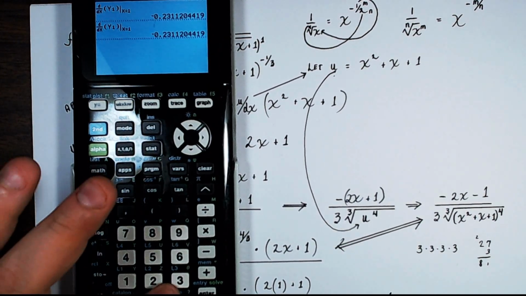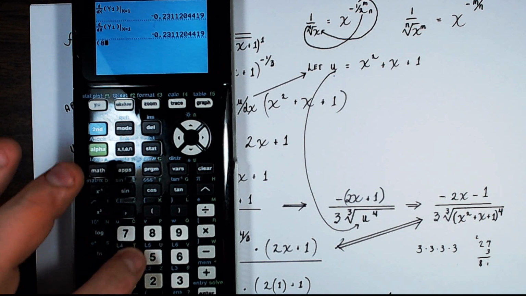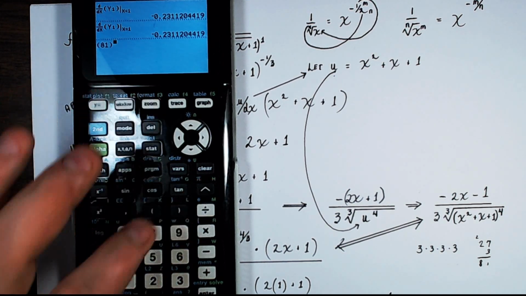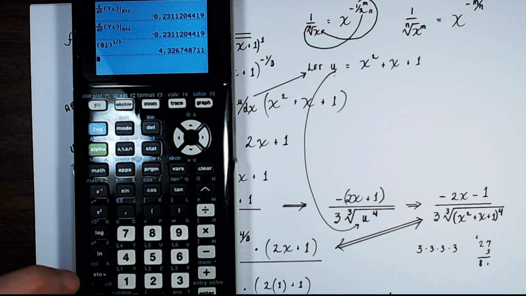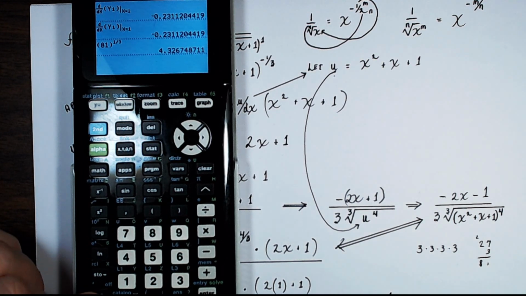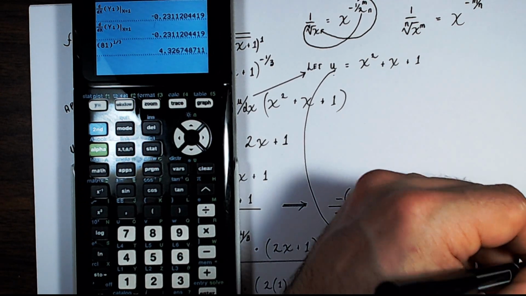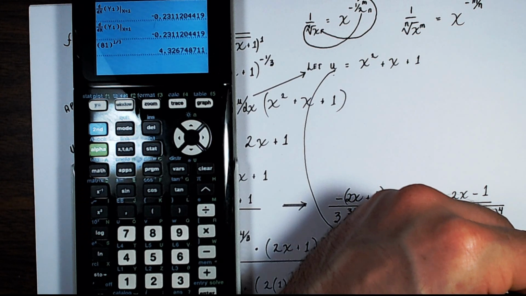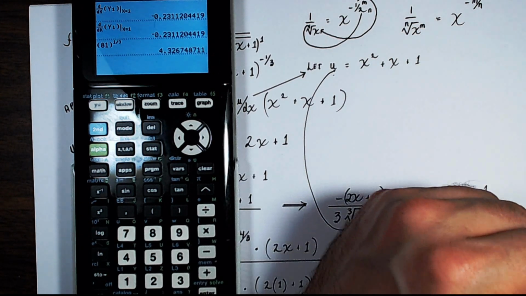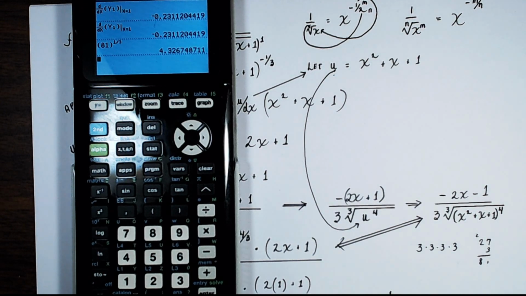Let me see. So I took the cubed root of 81. Oh, okay. All right, I think I know what I did wrong. I just had this wrong on my paper down here.